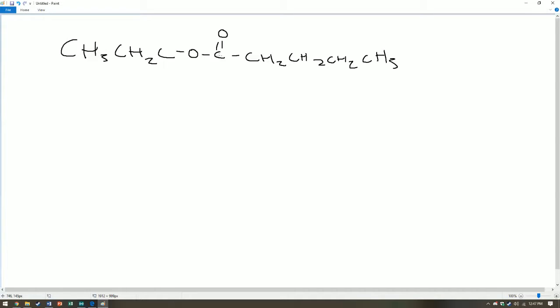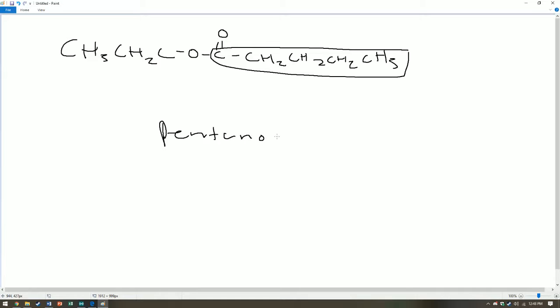The carbon that is attached to both oxygens is considered the highest order functional group. It's considered a carbonyl group, and this carbonyl group is attached to this chain here. So this gets the ending, and since this is 1, 2, 3, 4, 5, this would be pentanoate.